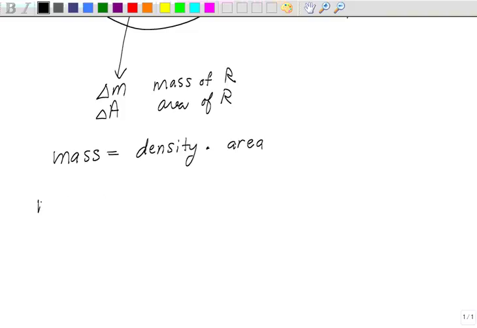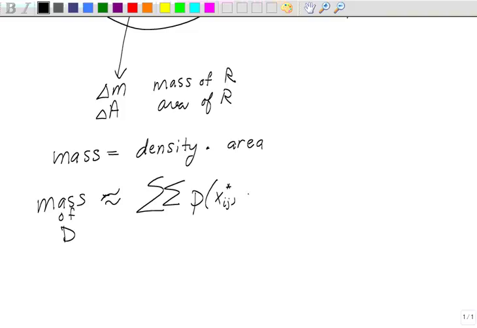So the mass of the whole plate is going to be approximately the sum of all those rectangles, where ij is a point in the rectangle. So we have the density of the rectangle at a certain point in the rectangle, and then times the area of all the rectangles. We add them all up.